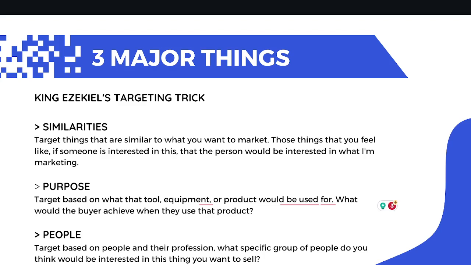While for purpose, you target based on what that particular tool, equipment, or product will be used for. The thing you want to market, you target based on what it will be used for. For people, you target based on people and their professions.